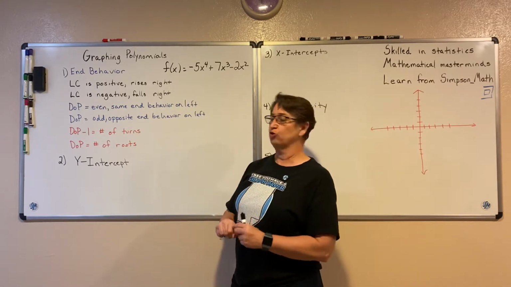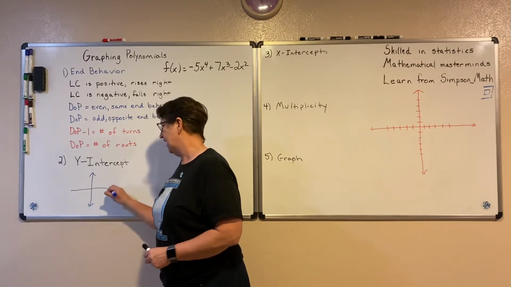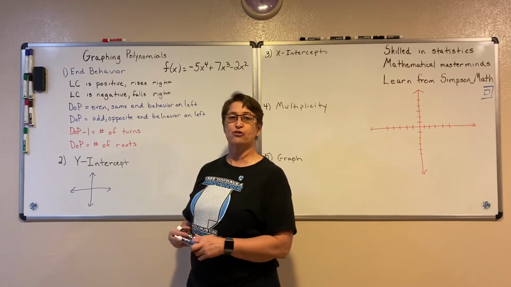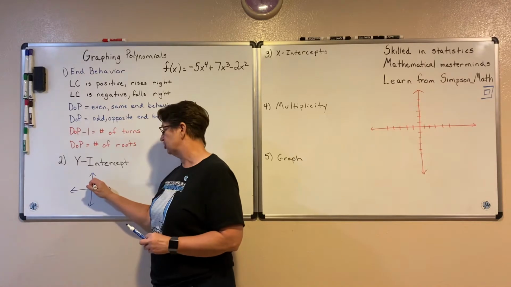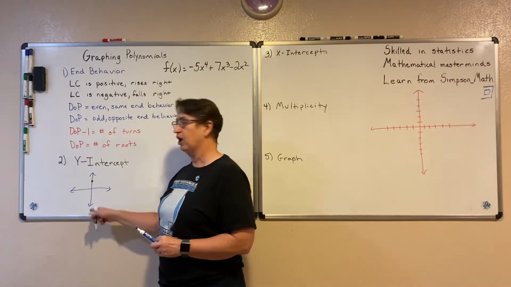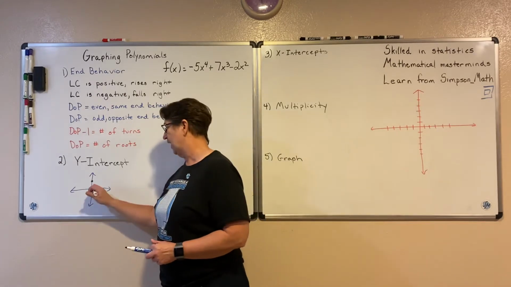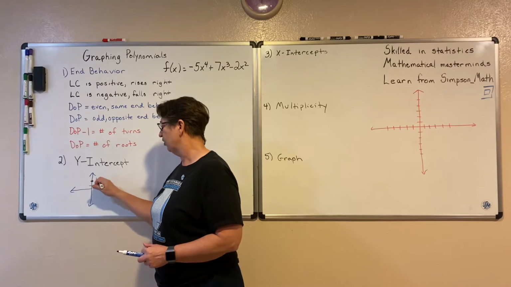Now, let's think about those Y-intercepts. We have a Y-axis and an X-axis. And the Y-intercept is just where the graph intercepts that Y-axis. In other words, it's just a point somewhere on this Y-axis. So like maybe this point right here, if I label that, the point there is (0, 2).